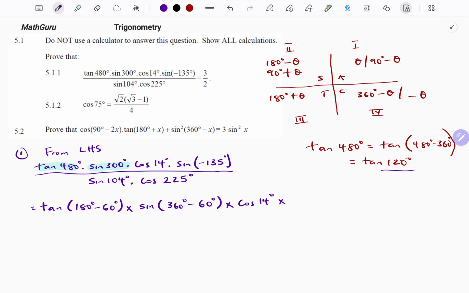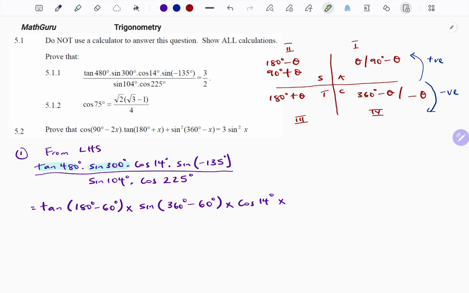And then I have the sine of negative angle. Note that in my CAST diagram, if I'm reading counterclockwise, that's a positive angle, and if I'm reading clockwise, that is a negative angle. So if that angle is an acute angle, it falls in the fourth quadrant. In the fourth quadrant, only cosine is positive, so sine will be negative. So I'm going to have that as negative sine.